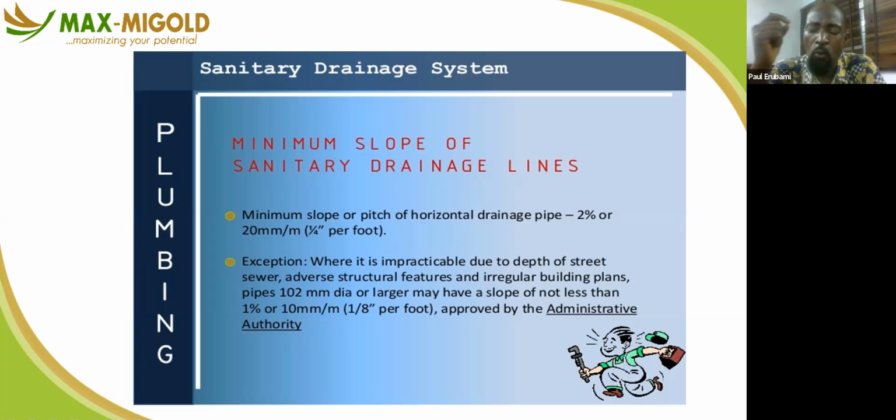The reason is that once there is water that drops inside that drainage, it flows. There won't be what we call water stagnation within that drainage system. So as a facility manager, when you are taking part in a project, you must ensure these are being put in place. It is a must. You must maintain at least that gradient when you are laying your pipe.